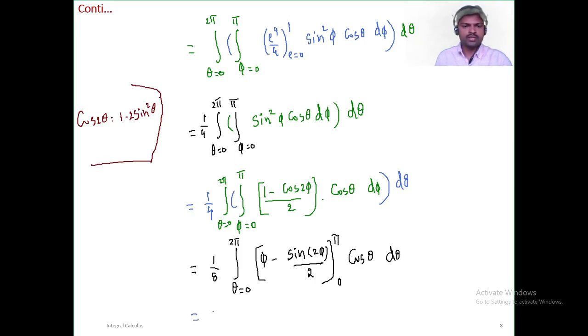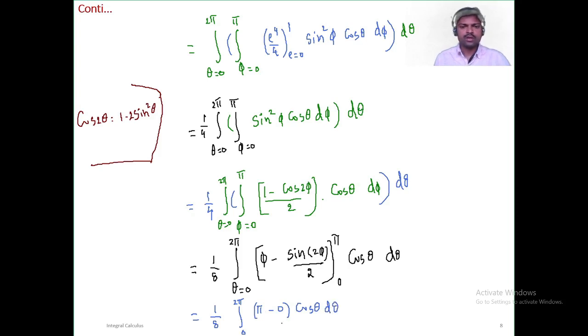So 1 by 8, integration theta from 0 to 2 pi. Now plug back these limits. Instead of phi, substitute 180 degrees, so pi minus sine 2 pi by 2, which is 0. The upper limit gives pi minus 0 and the lower limit is 0, so pi minus 0 into cos theta d theta.